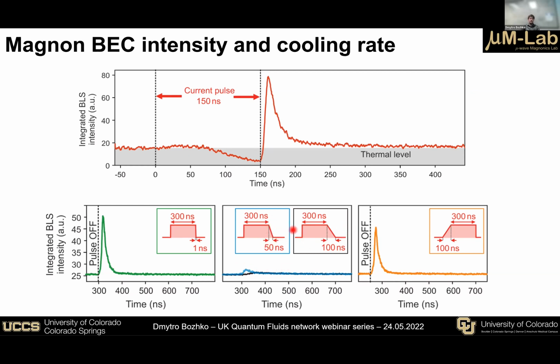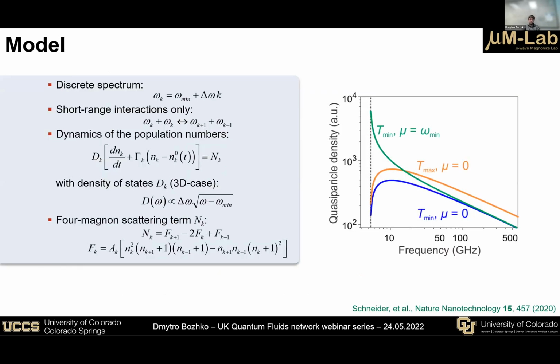If we increase it to 50 or 100 nanoseconds, the effect is not present. And obviously the effect is not dependent on how fast we heat up the system before. If we heat it longer and slower, it doesn't really matter. Only the cooling rate matters.